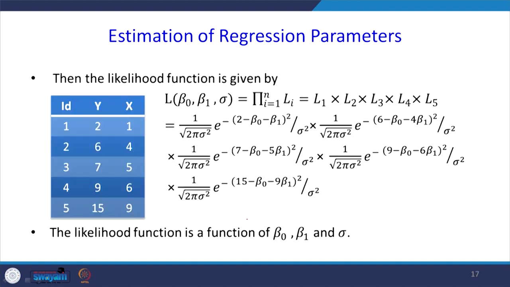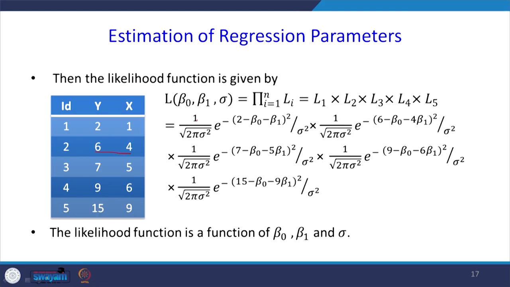We will go to the next one for the other data points. We have done in the previous slide only for these values. Now, we will expand that function for all the data. So, the product runs from i equals 1 to n, L1, L2, L3 up to L5.